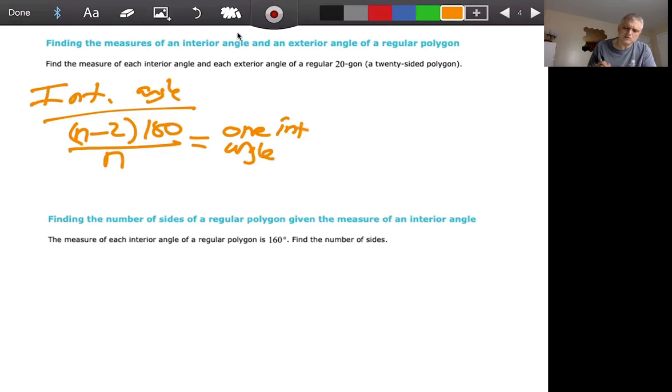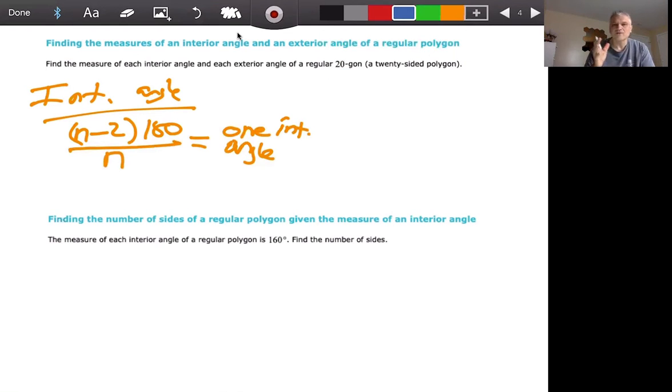One interior angle of that polygon, if it's regular. If all the angles are different, you can't use this, okay? But if all the angles are congruent, meaning it's a regular polygon, then you can say n minus 2 times 180 is all the angles, divide it by how many sides or angles there are, and you get one of them. Okay? So let's find that out for this 20-gon.